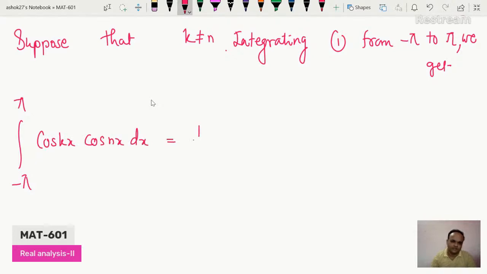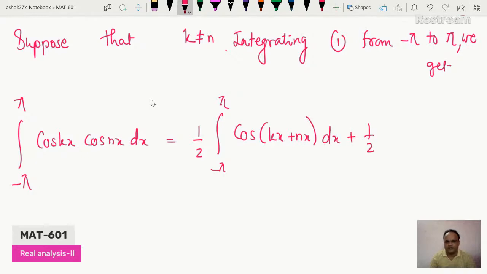And what will be this side? You can take the half outside of the integration. From each integration you can take it, and it is the integration from minus pi to pi of cos(kx + nx) dx, plus half times again the integration from minus pi to pi of cos(kx - nx) dx.